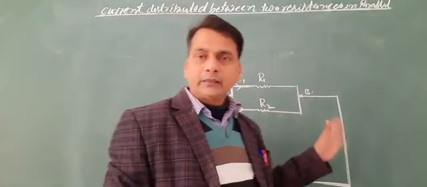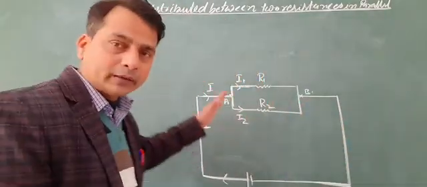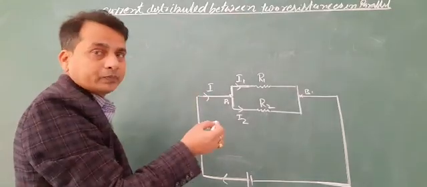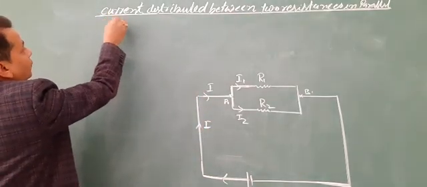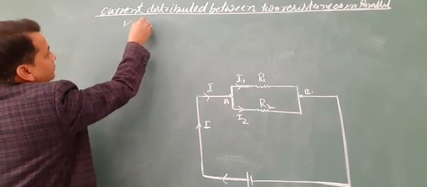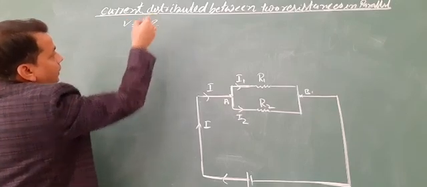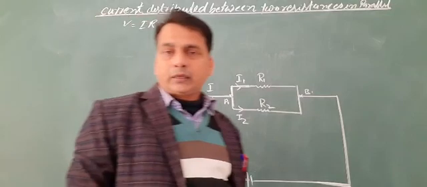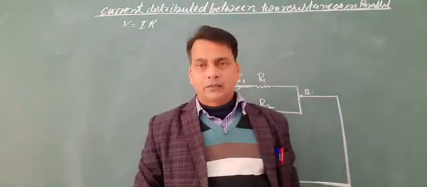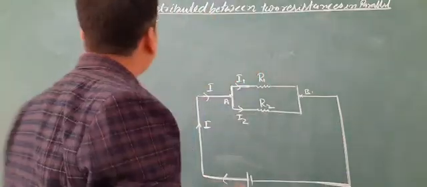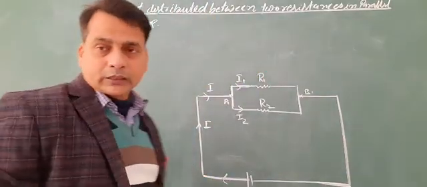Suppose there is a potential difference across R1. According to Ohm's law, as you know, V equals I into R, potential difference equals current into resistance.